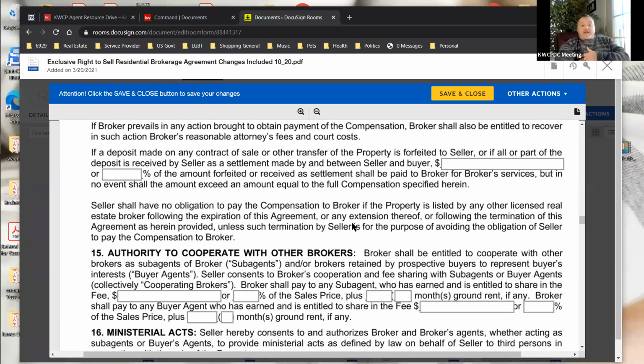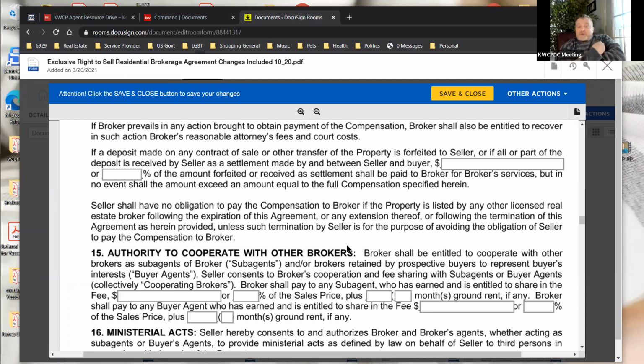If a deposit made on any contract or sale is to be forfeited to the seller, or if all or part of the deposit is received by the seller as a settlement made by and between the seller and buyer, blank dollars or blank % of the amount forfeited or received as settlement shall be paid to broker for broker services. So what David Bediz was saying earlier, just before our break, is this is where he puts in the 50.